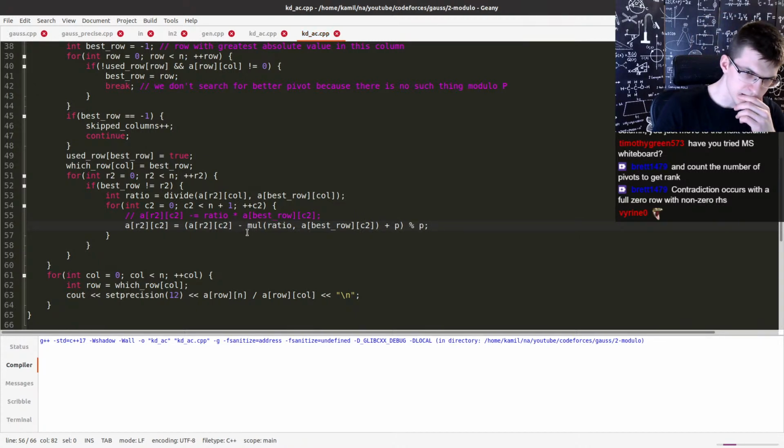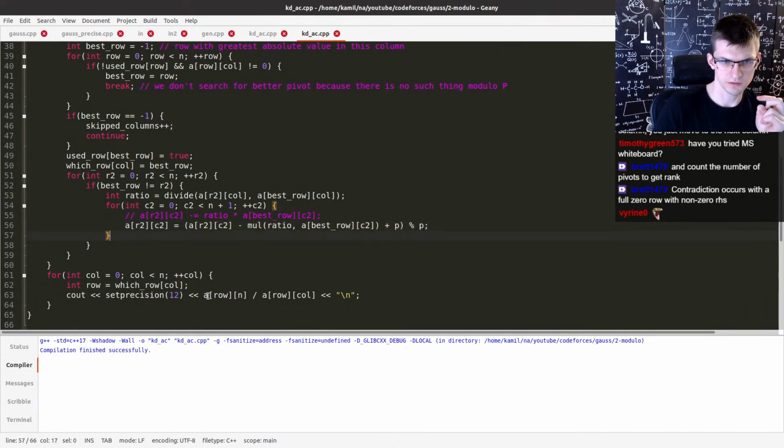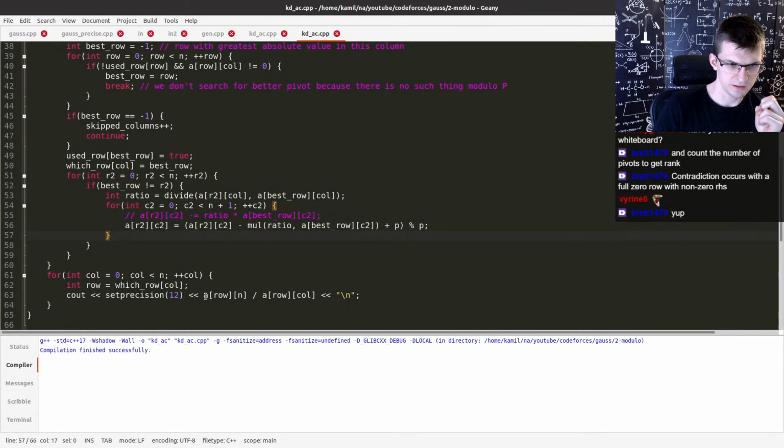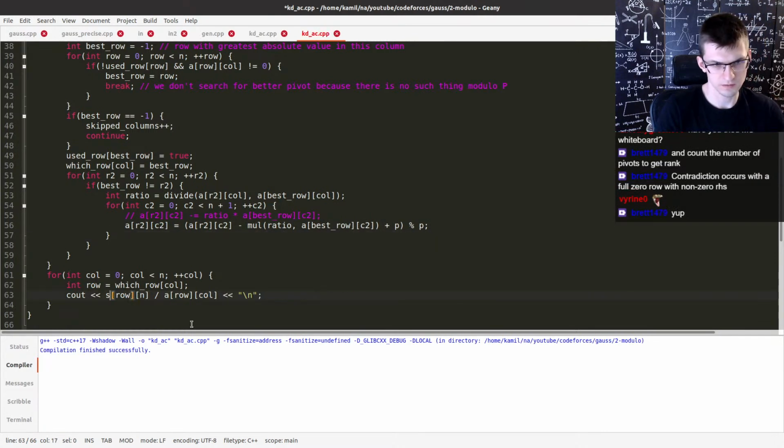Right? No overflows? I think no overflows. And finally, divide is divided by that.